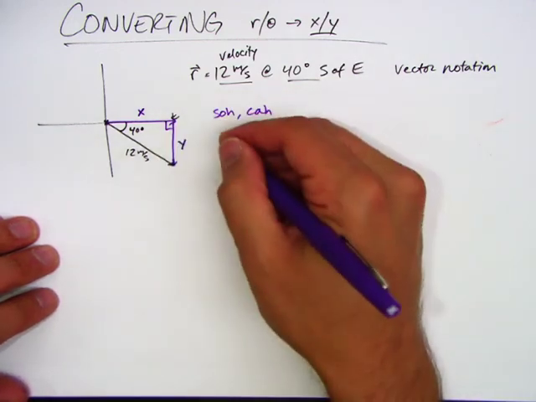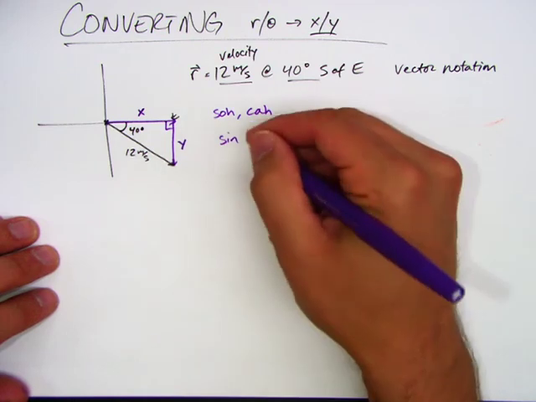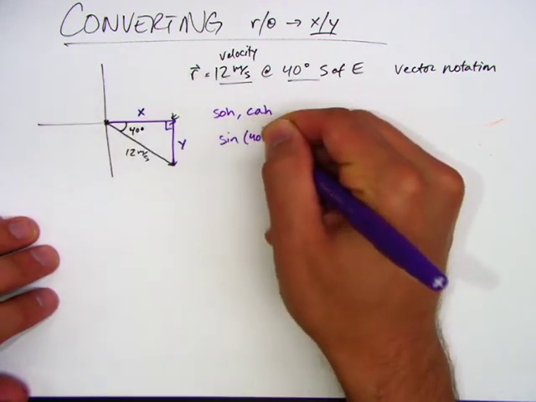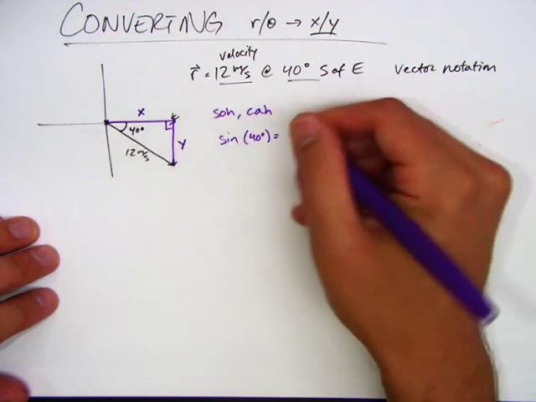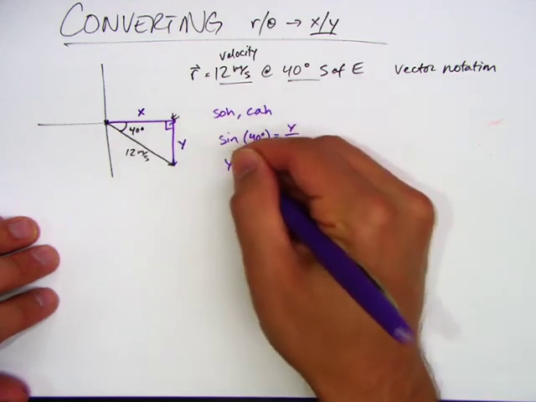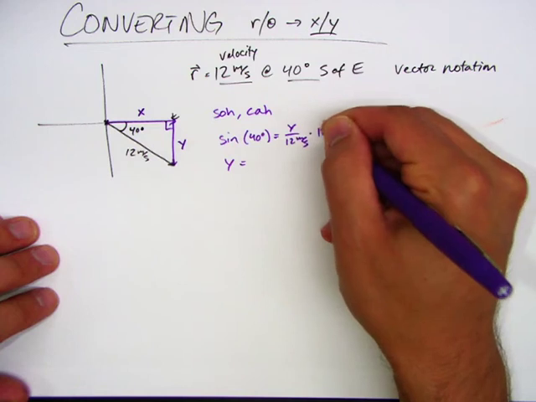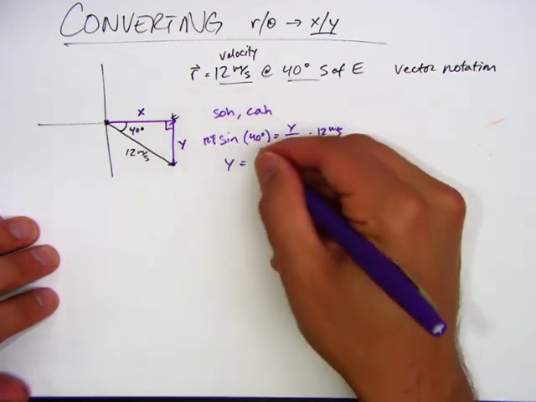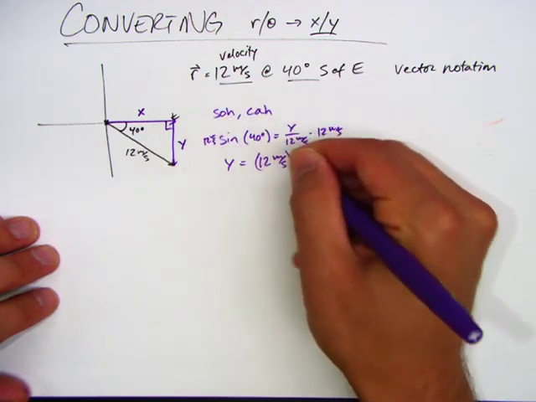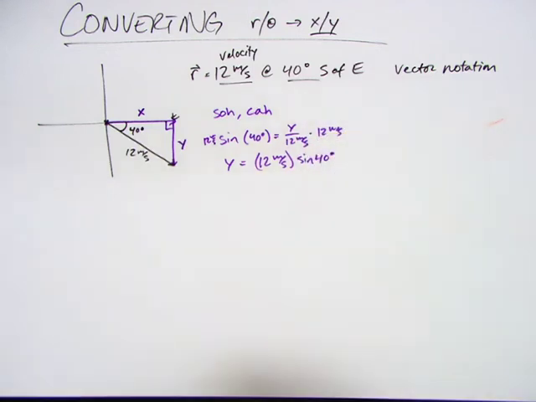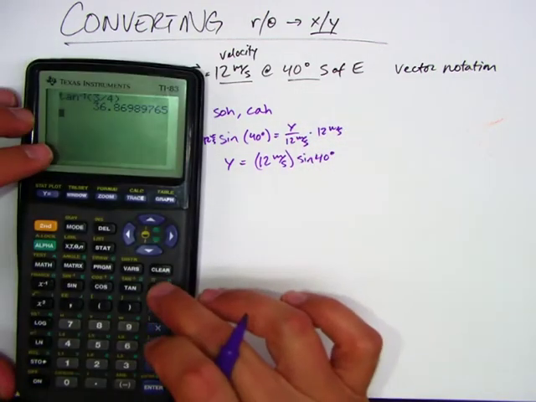So I know from a little bit of trig that the sine of 40 degrees is my opposite side over my hypotenuse, my y over 12 meters per second. So my y, multiplying by 12 meters per second on both sides, is 12 meters per second times the sine of 40 degrees. Make sure you're on degree mode on your calculator.